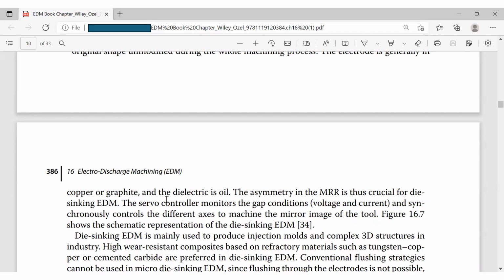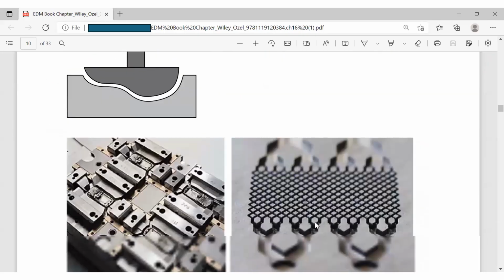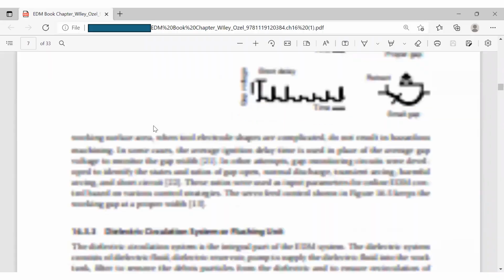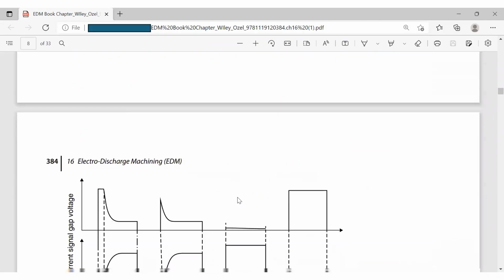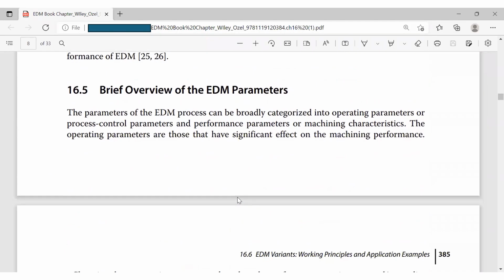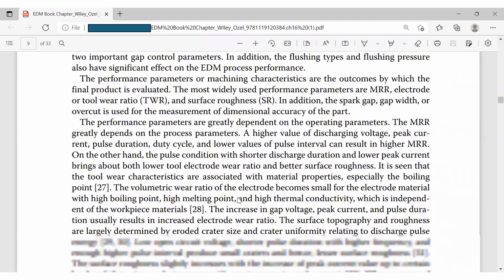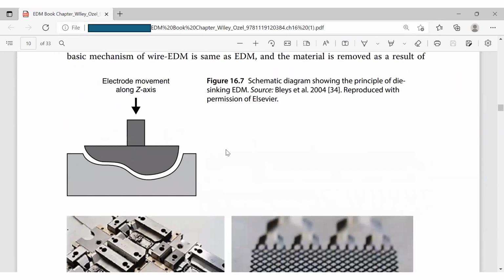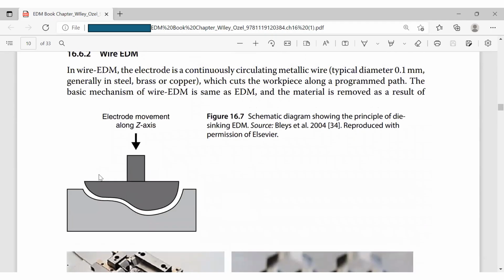This picture shows the schematic representation of the die-sinking EDM, figure 16.17. Here, the electrode movement is along the z-axis.